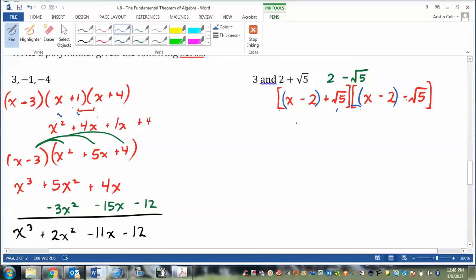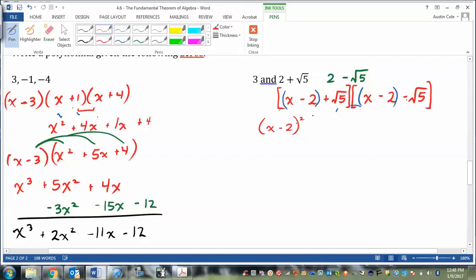So when I FOIL that, I'm going to take x minus 2 times x minus 2. What's x minus 2 times x minus 2? It's going to be x minus 2 squared. Right?